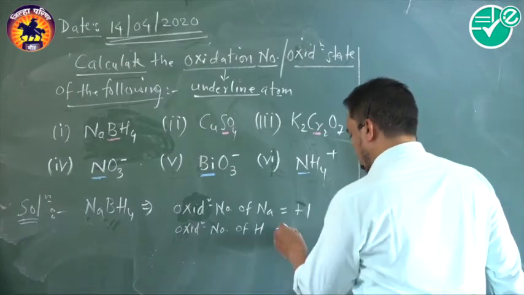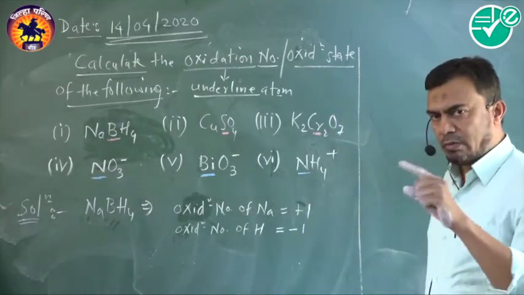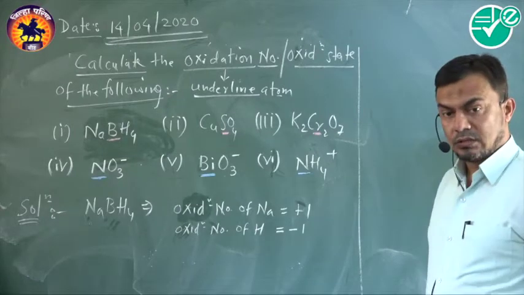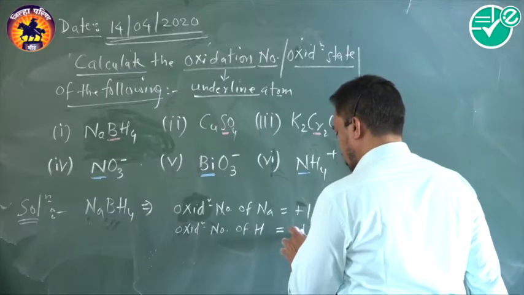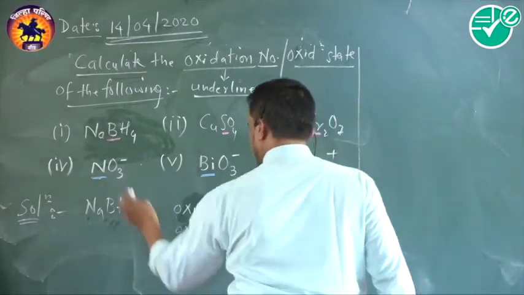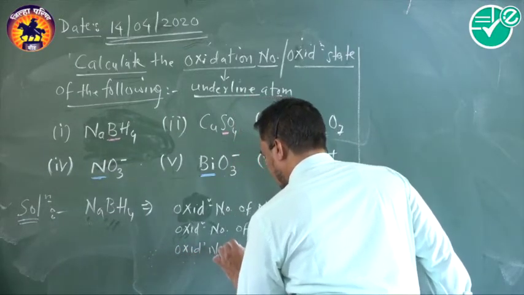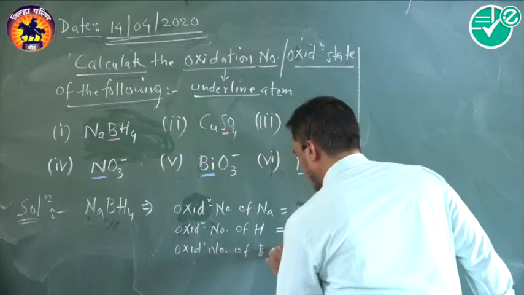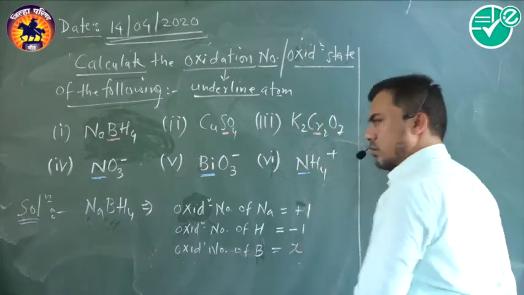So it's showing -1. Remember, hydrogen combined with metals forms hydrides, so it always has oxidation number -1. And we have to calculate the oxidation number of boron. So I'll put X here because it's unknown.